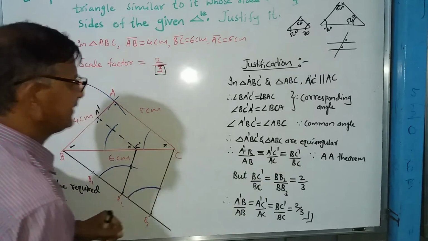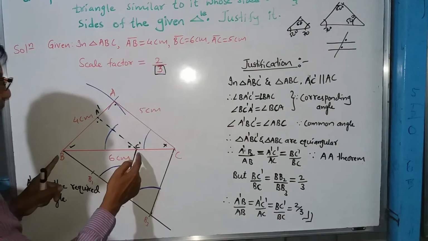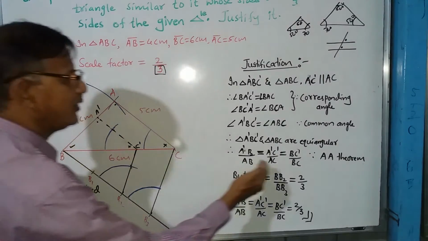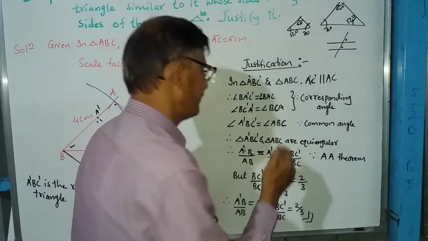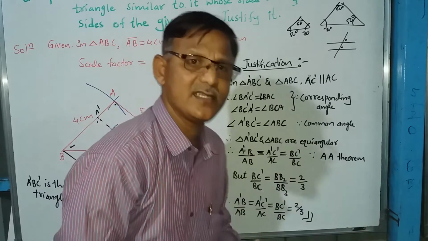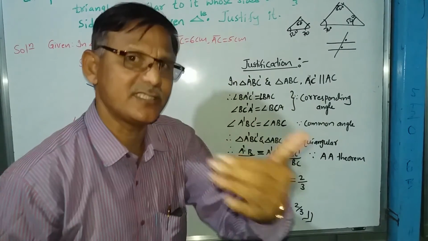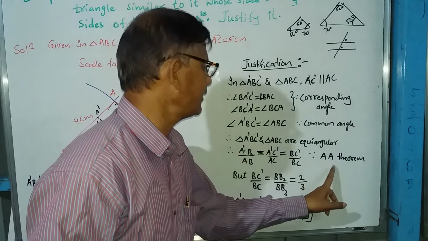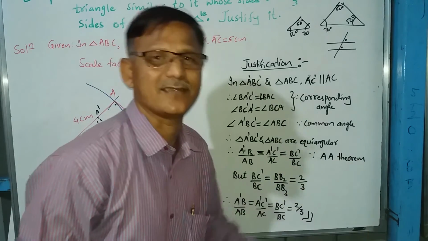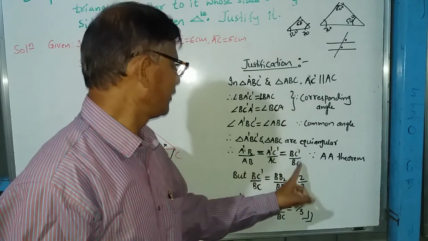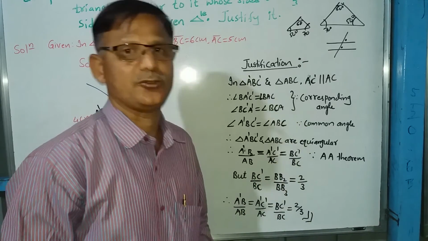The third ratio is BC' upon BC. All these three ratios will be equal. Why they will be equal? Because the triangles are equiangular. Why are the triangles equiangular? Because there is one theorem which you have to study still. That theorem is called the angle theorem. So according to this, all these three sides are in equal ratios.